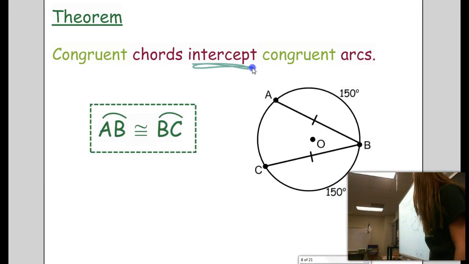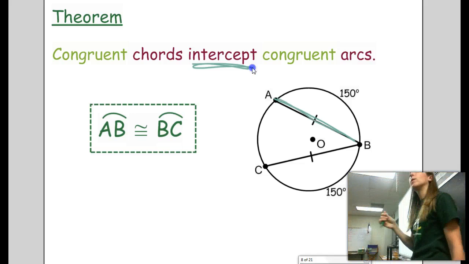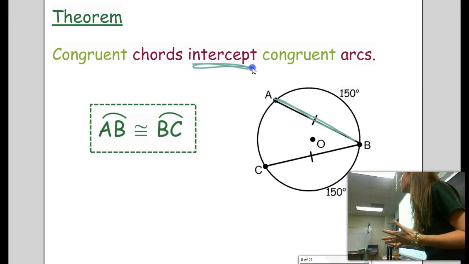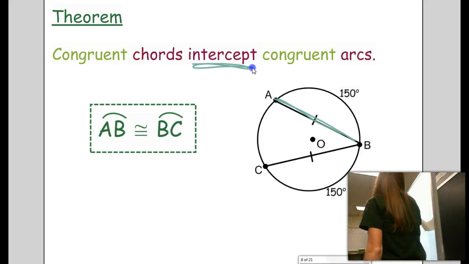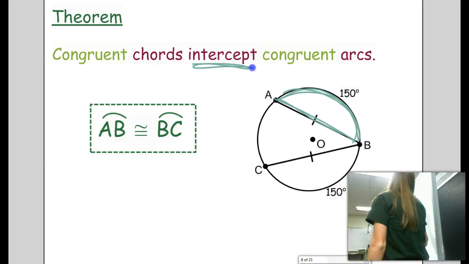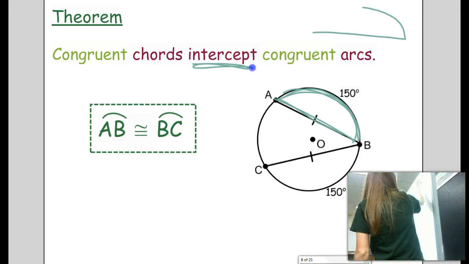They cross or something? So if I said, I'm talking about chord AB, what arc would chord AB intercept? Chord AB. Arc AB. Chord AB intercepts arc AB. It's kind of like saying, which chord makes a crescent?